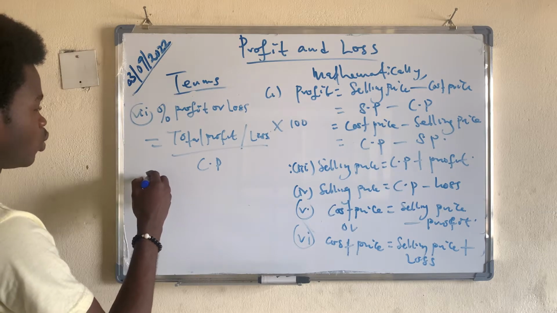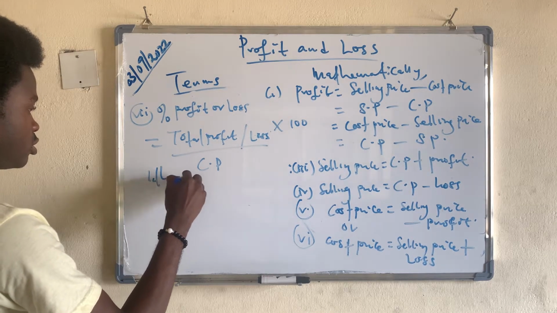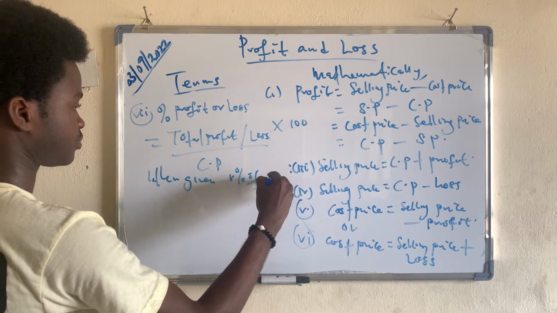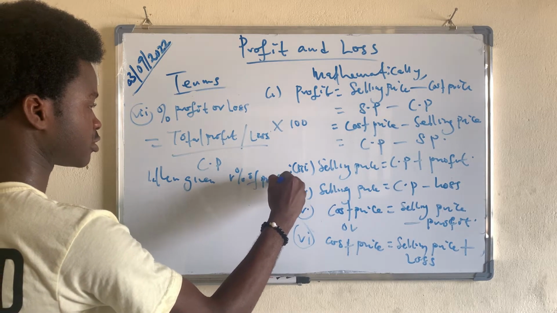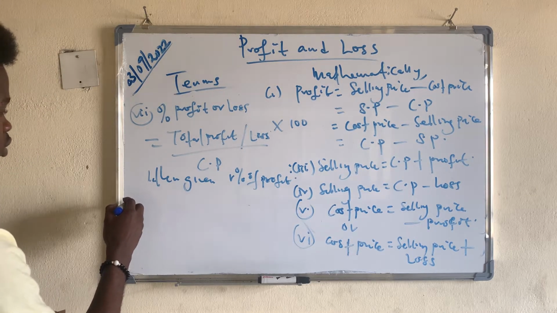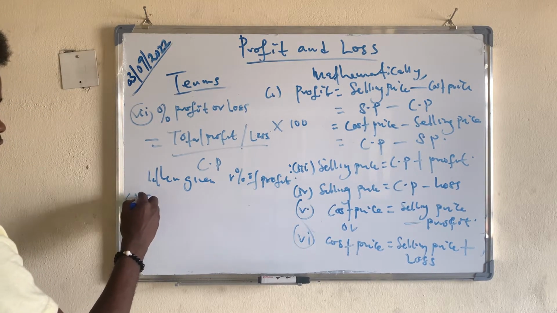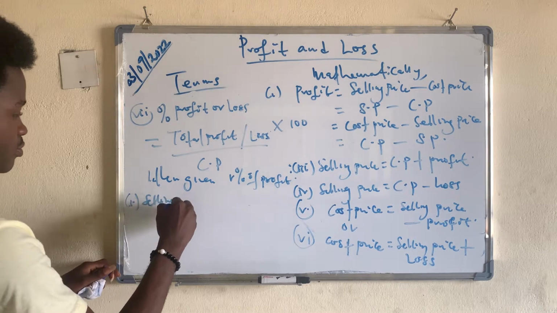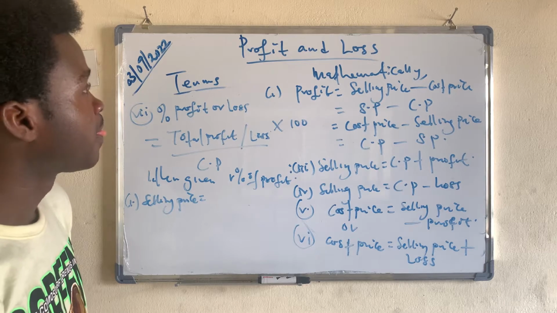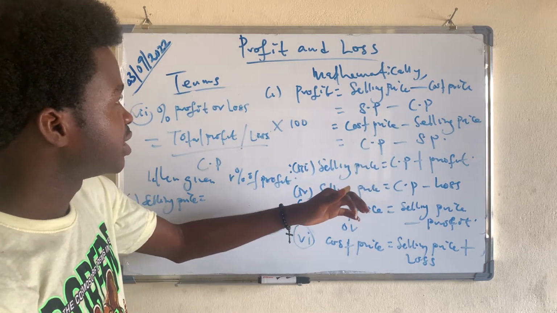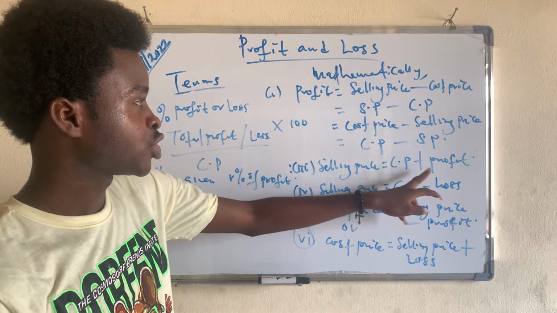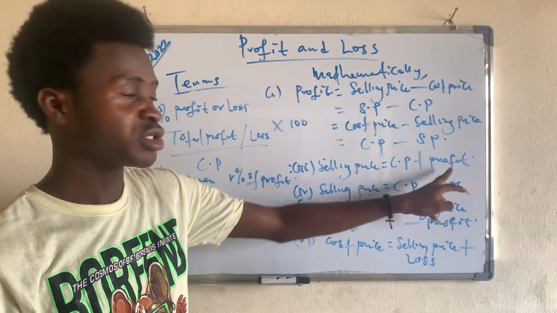So when we are given a percent of profit, we know that selling price is cost price plus profit.